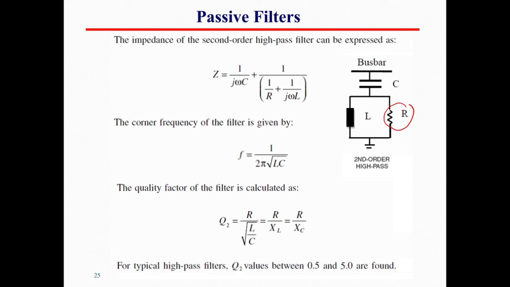So we have L, we have C, and that will determine the corner frequency. With regard to the quality factor for such a configuration, it can be obtained from R over XL or R over XC, and the typical value for quality factor will range between 0.5 to 5.